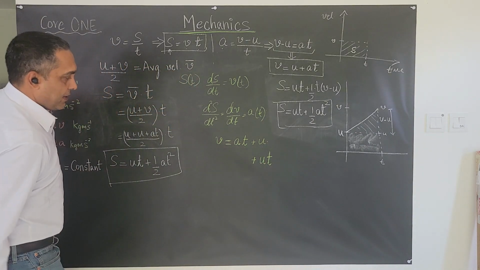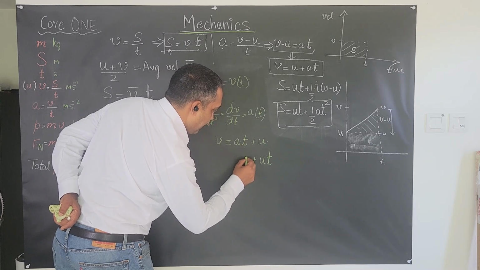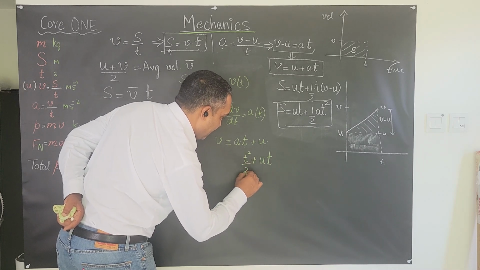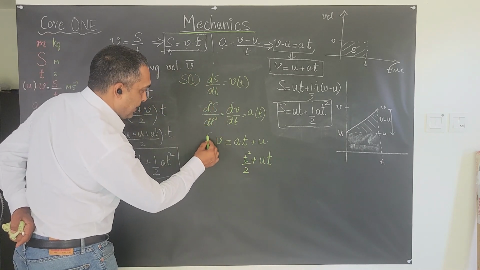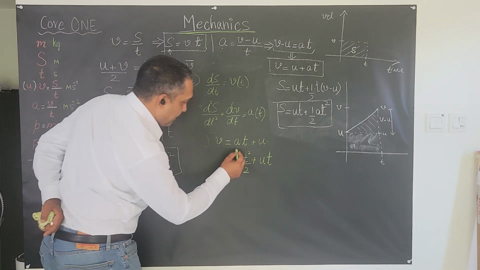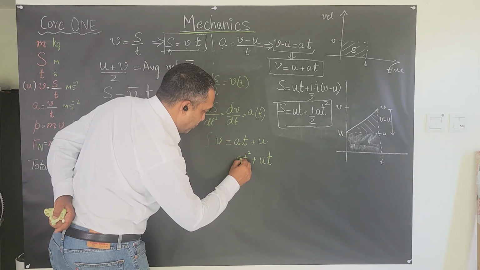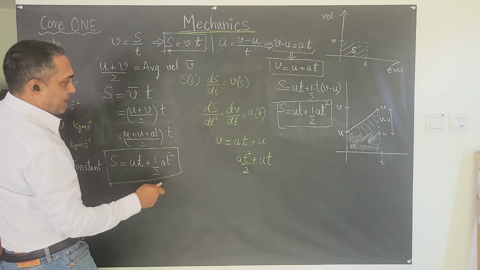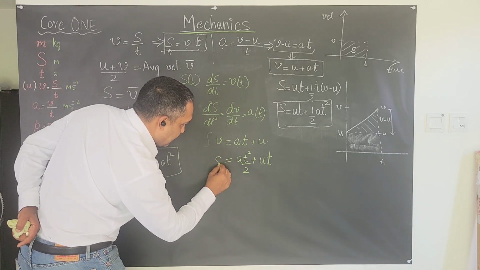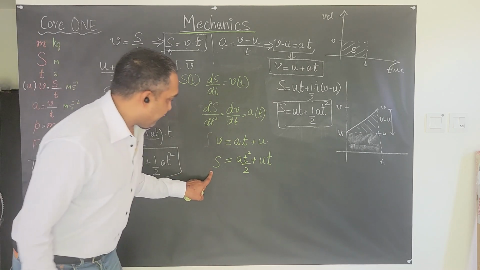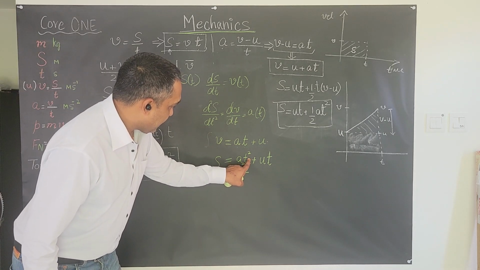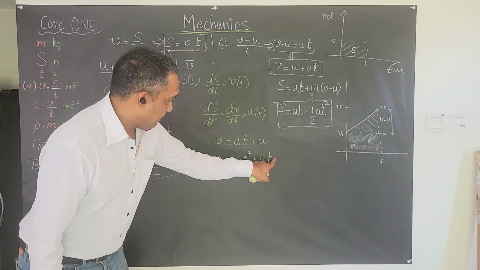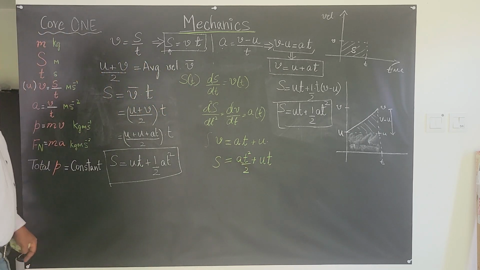I have t here; if I integrate that, it should be t squared by 2. Here I'm applying the integral. The constant a doesn't change. And I'm integrating velocity with respect to time, so I should get distance. Try the derivative: the derivative of t squared is 2t, the 2 cancels out, so you get at. The derivative of ut is just u, because u is constant. There you go.